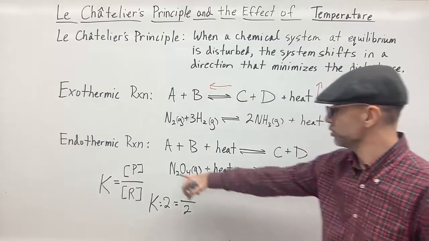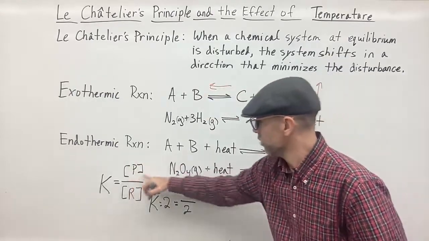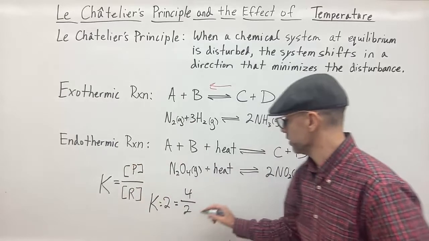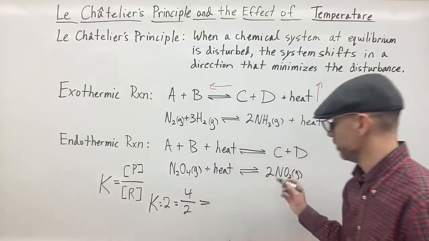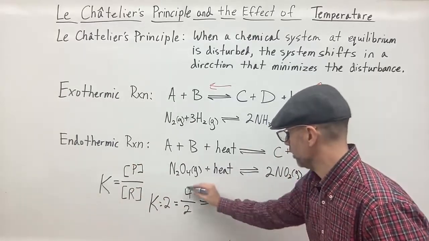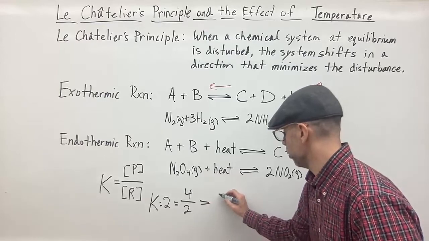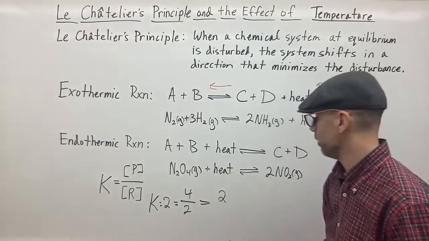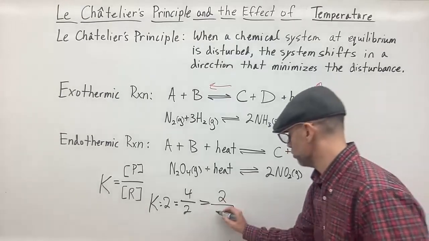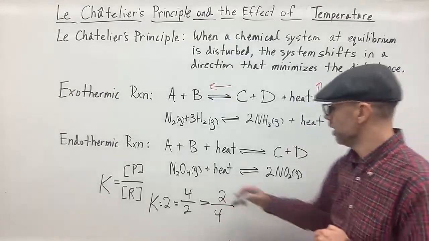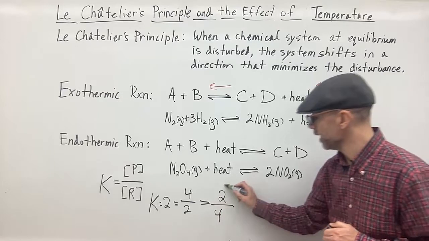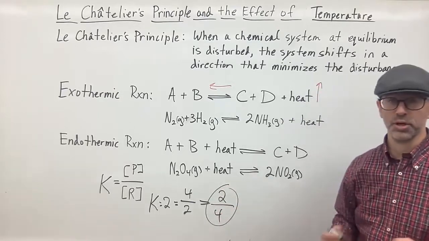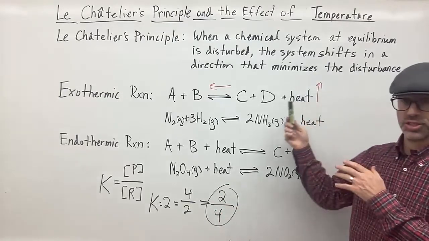What happens to the product? That's going to go down. The reactant increases. So what happens when that happens? So if the product goes down, maybe it goes down by 2, and the reactant goes up by 2. Now I've reached equilibrium again, because it's reduced the heat.